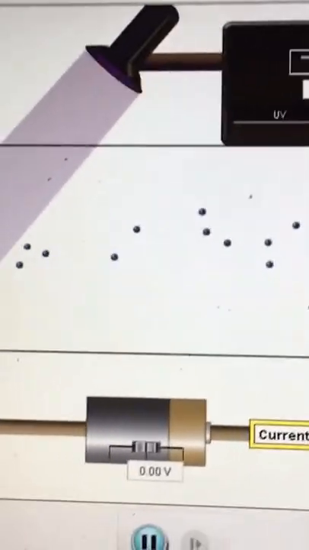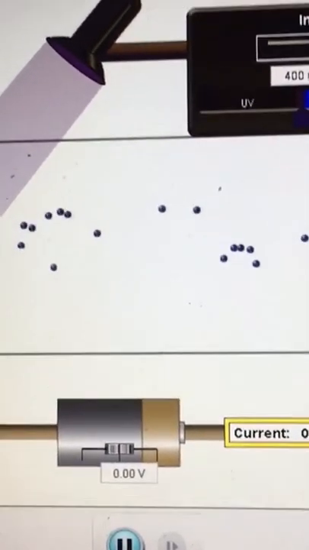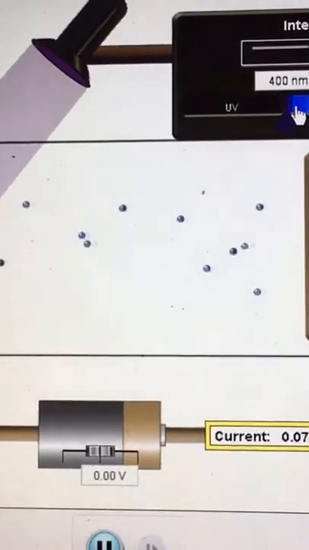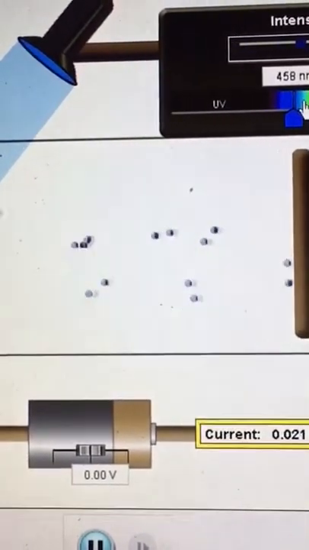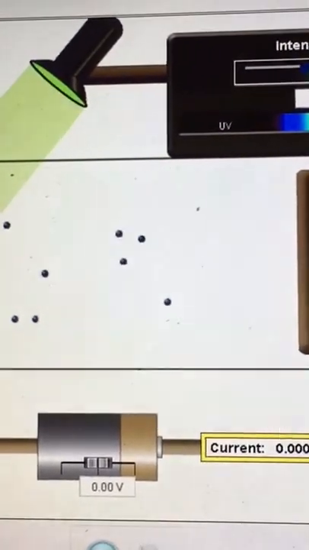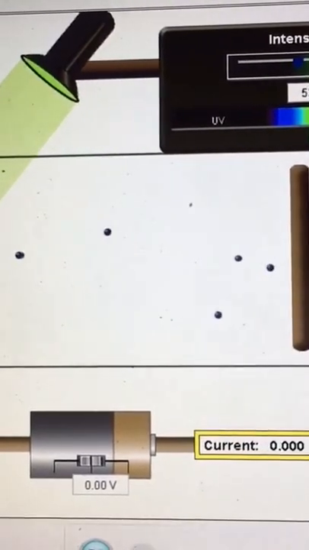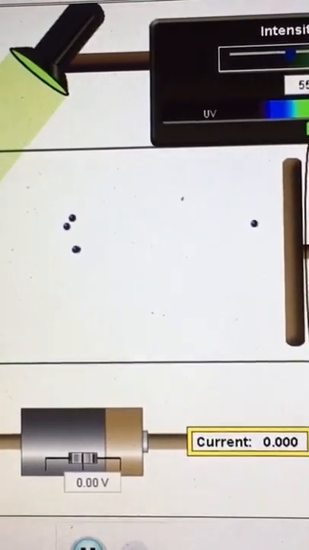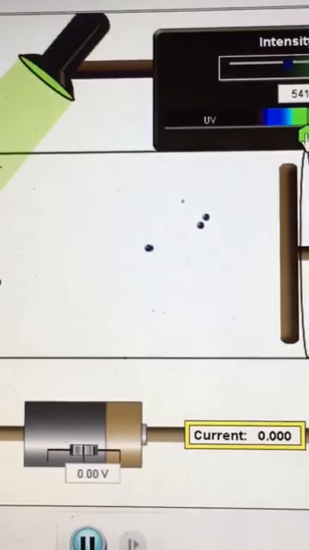And now we will move our wave frequency up until the electrons stop moving. And as you can see, it stops moving at 541.